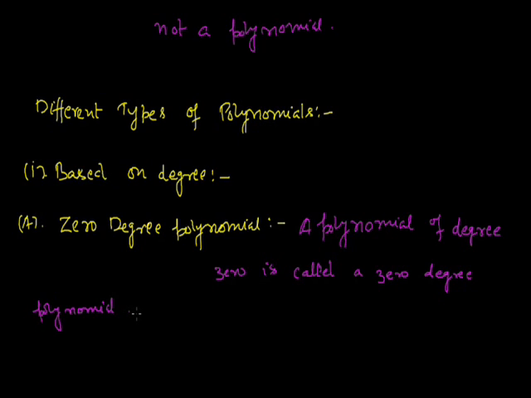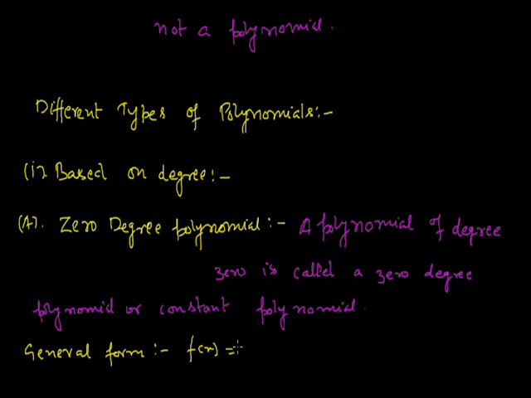This is also known as the constant polynomial. General form of a zero degree polynomial is f(x) equal to a constant.